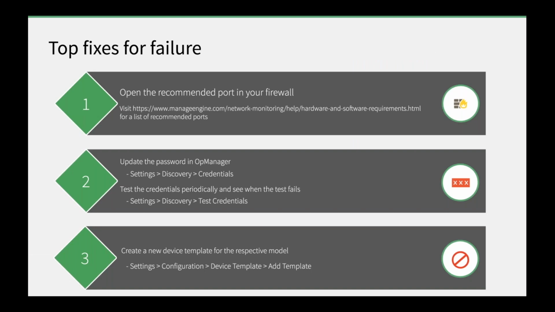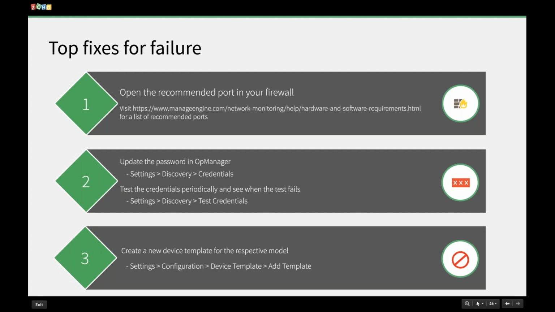Say, for example, you must open a port in the firewall. So we discussed the ports and protocols used by OpManager, and all the ports and protocols are available in this document. And if you want to verify, you can go ahead and verify and make sure that it is open in the firewall.